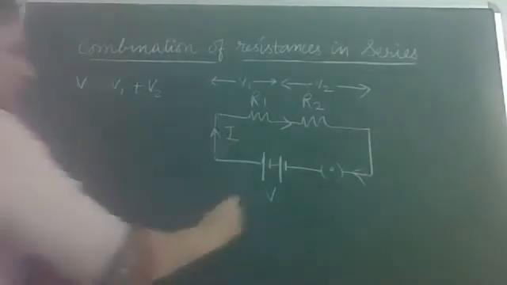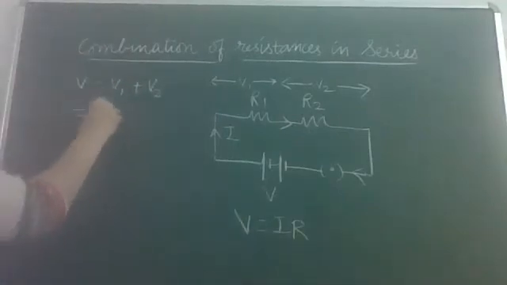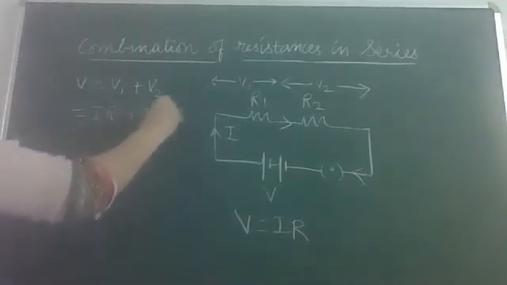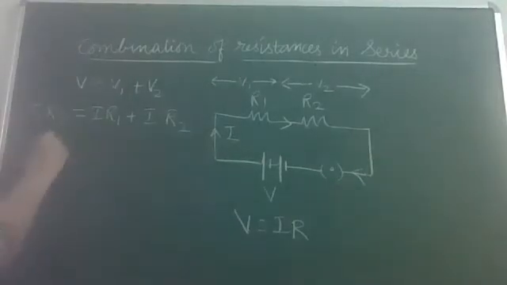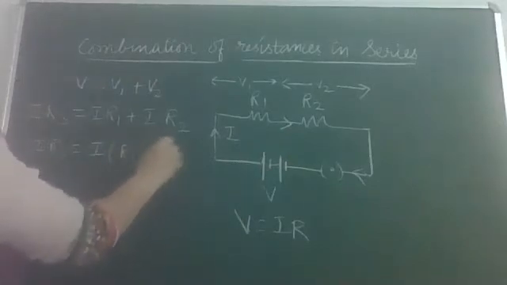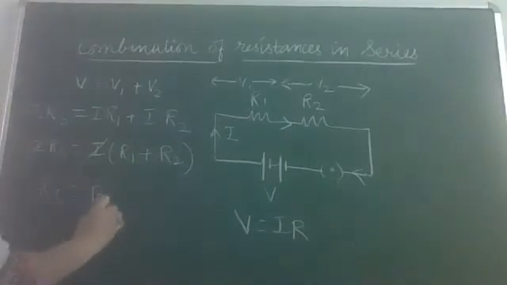Using Ohm's formula, V is equal to IR, we'll write V1 as IR1, V2 as IR2, and total potential as total current into equivalent resistance in series combination. Take I common, cancel out on both sides. So this is the formula.